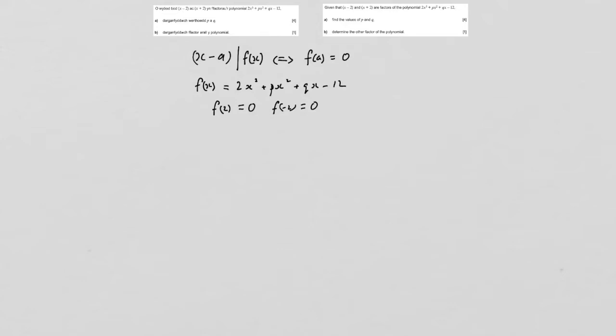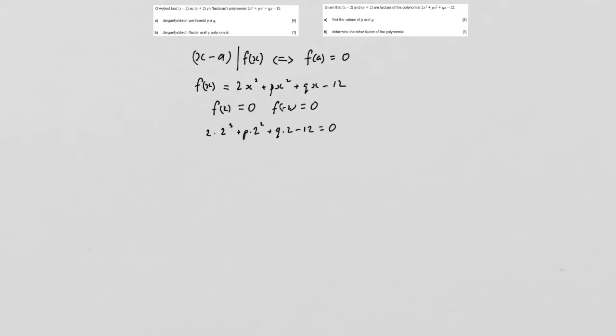So if we put the value 2 into f of x, then we get 2 times 2 cubed plus p times 2 squared plus q times 2, take away 12, equals 0.